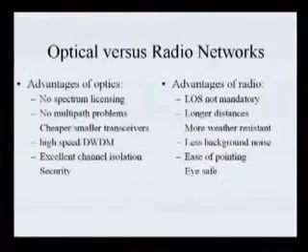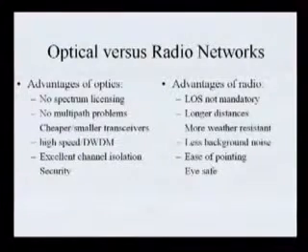you have to get into line of sight in order to intercept the signal. Now, the advantages of radio: line of sight sometimes is not mandatory, but for the purpose of this talk, when we talk about radio, it'll be line of sight primarily. It can achieve longer distances. It's more weather resistant. If you have free space optics, effectively the link will be out if there is fog or mist.